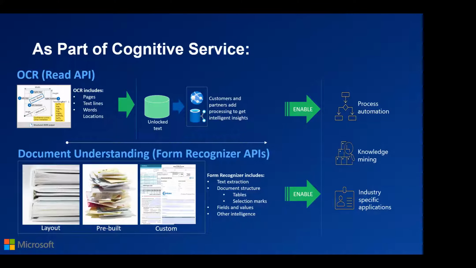We also have the Form Recognizer API, which is our document understanding offering. It extracts not just the text, but also document structure like tables, selection marks, fields, values, and other intelligence. The main applications of these two are process automation, knowledge mining, and industry-specific applications.